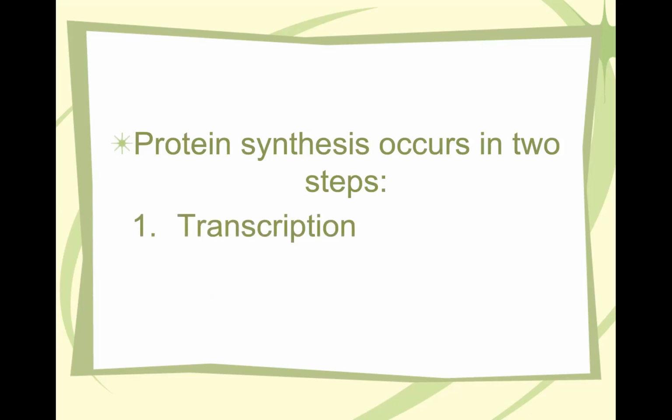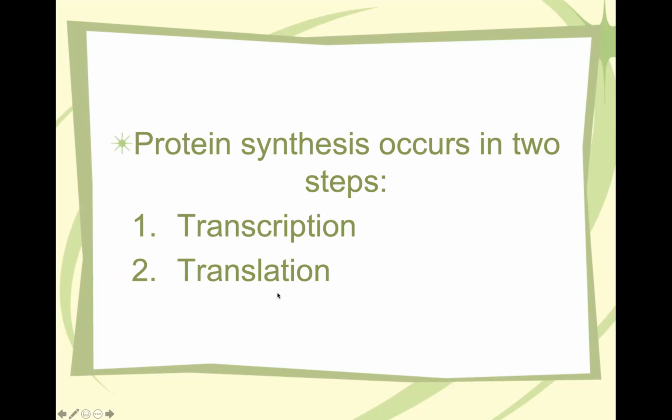Okay, so we're clear that protein synthesis occurs in 2 steps, right? We talked about this on Monday. We've got transcription and we've got translation. You're going to spend as much time as you need out of class understanding what's happening in these 2 processes. Okay, very simply put, during transcription, DNA is transcribed into RNA, and that messenger RNA that is made becomes the message for the second phase of this process, which is translation.